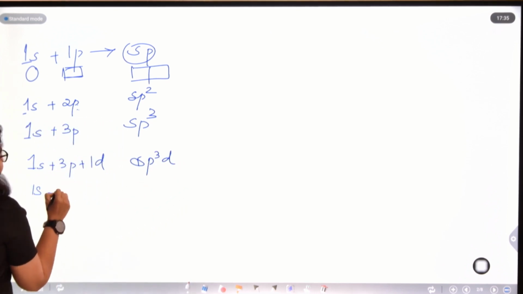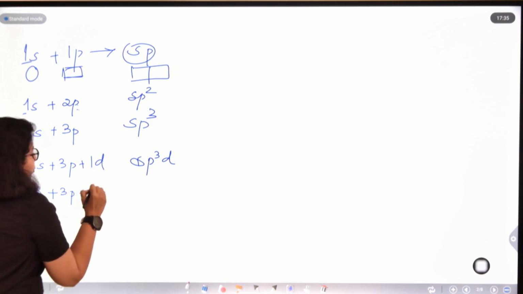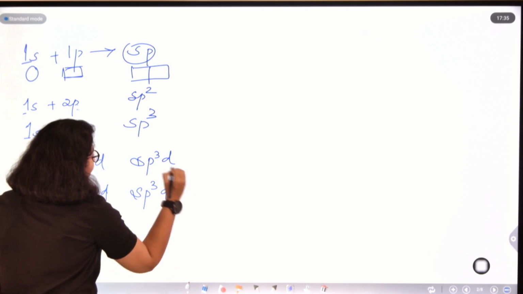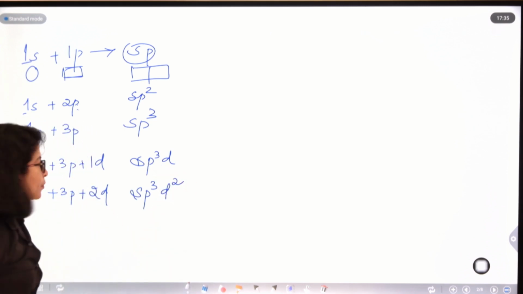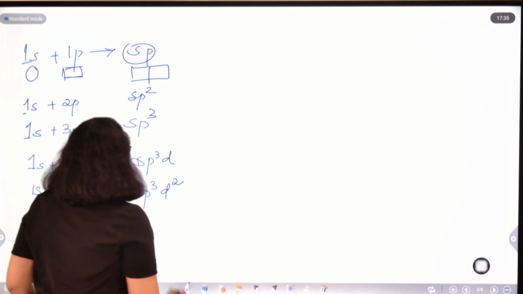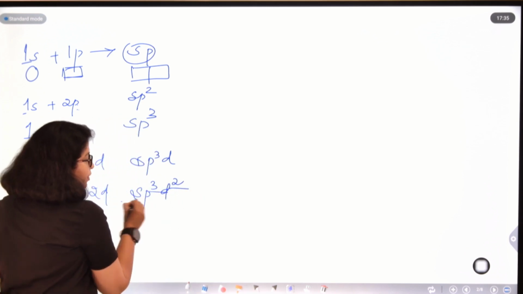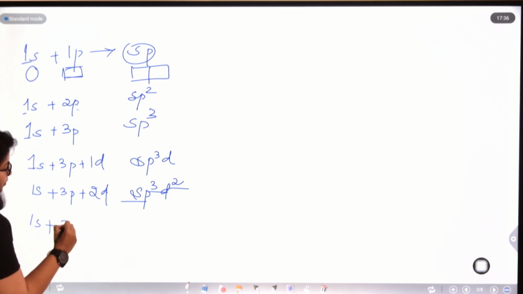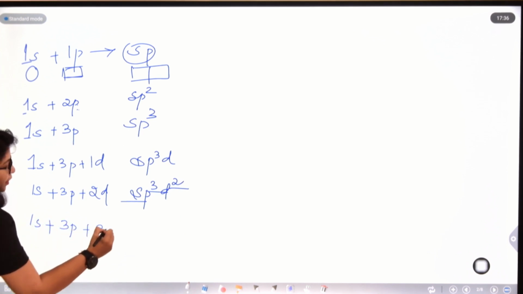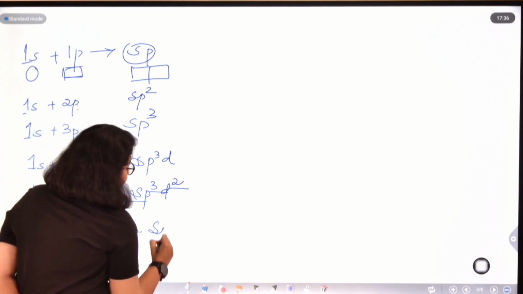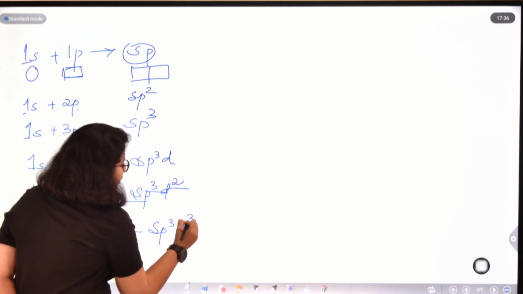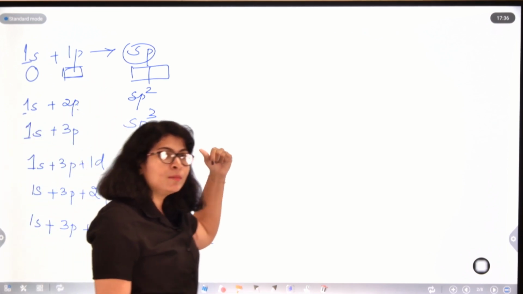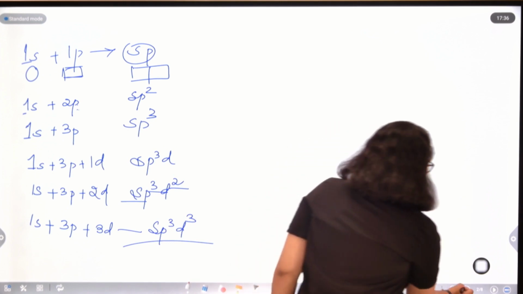If I'm taking 1s plus 3p plus 2d, I'm getting sp3d2 hybridization. Correct? So here how many hybridizing orbitals? 2 plus 3, 5, plus 1, 6. Got it? Now if I'm taking 1s plus 3p plus 3d, what am I getting? sp3d3. All the hybridized orbitals are named after their combining parent orbitals, right?